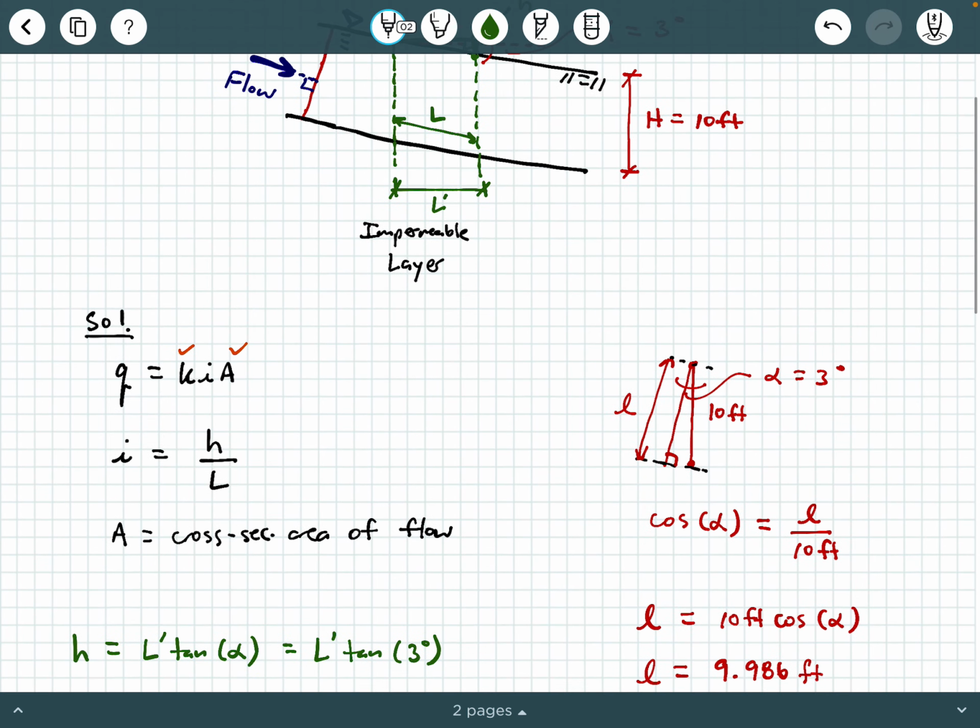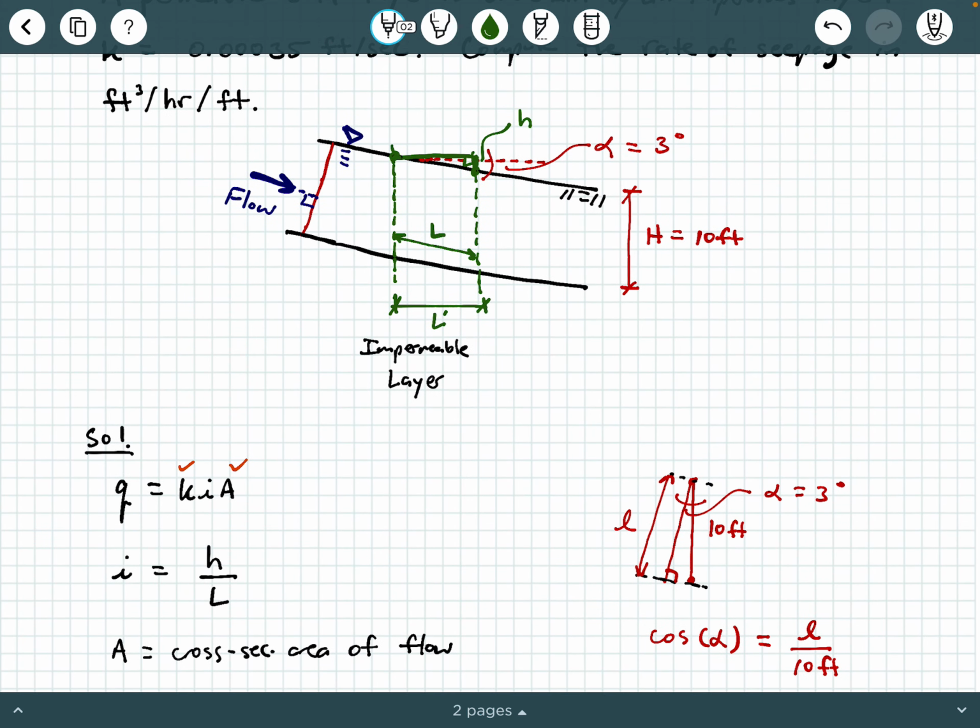Now, what's L prime? Again, that is the horizontal dimension here. So what I'm really doing is saying tangent of 3 degrees equals h over L prime, and do a little bit of rearranging, all right? What about this length L right here, this diagonal length?